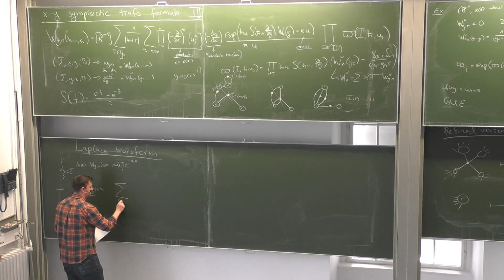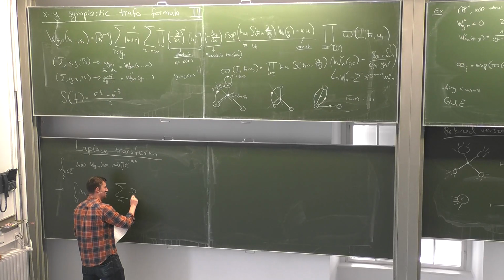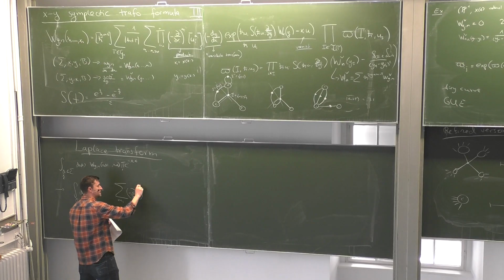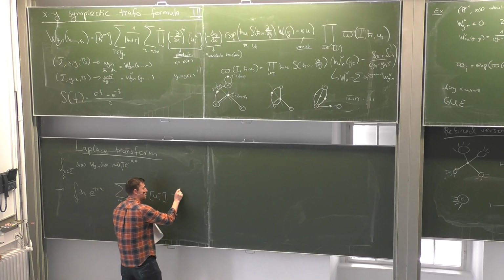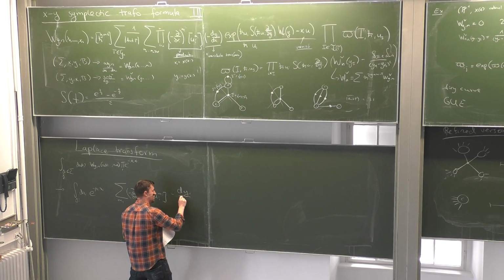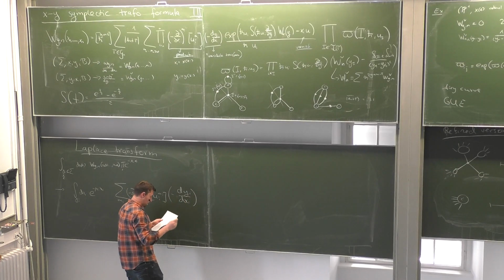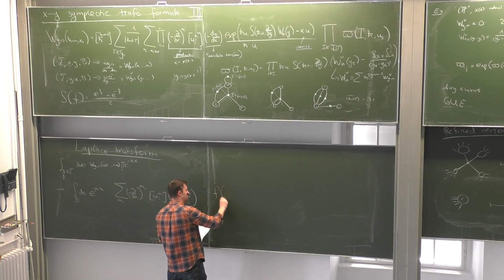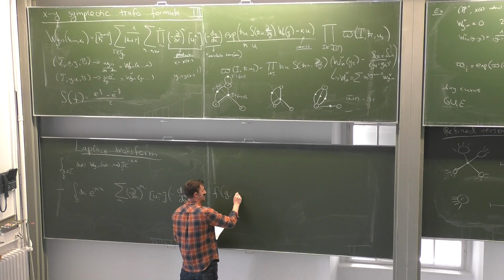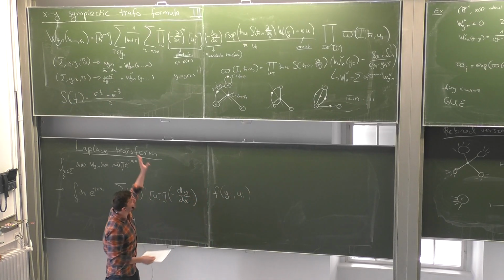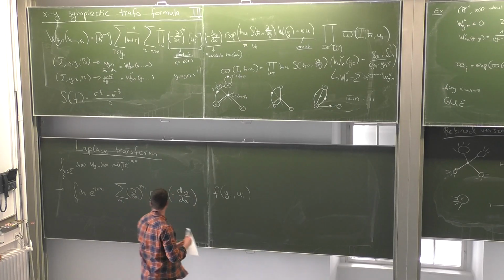You have some sum over m_i, some high derivative with respect to x_i, the m_i-th derivative of u_i, times some function f depending on z_i, let's say, and u_i. So I wrap everything on the right-hand side just in this function f_i.